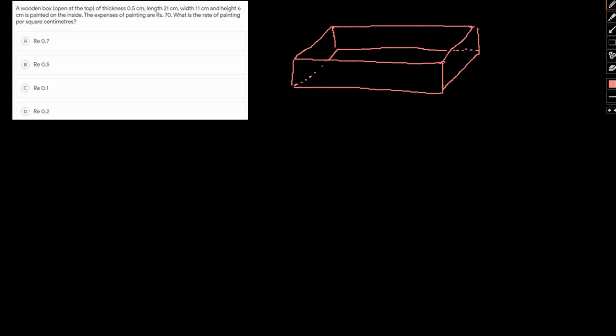Now what has been said, that the length here is 21, breadth is given as 11, and height is 6. Okay, now what is given, the thickness is 0.5 centimeter. The thickness is 0.5 centimeter.